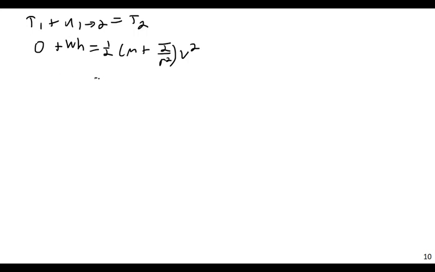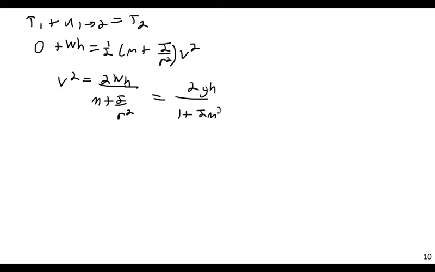And then, solving for v squared, I can get that v squared equals 2WH divided by (m plus I over r squared), which equals 2gh divided by (1 plus I over mr squared). Sorry about that.